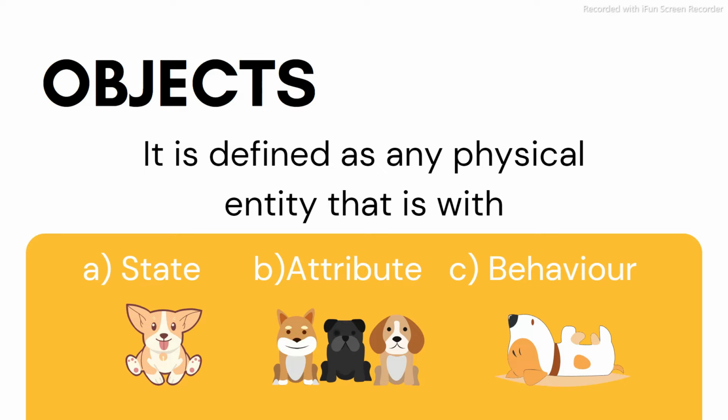And you can take any example. For example, a table is an object that has four legs and a flat surface, and that defines the table. The name table defines the state of the object. Apart from that, the attributes include the four legs and the flat surface, made of might be glass or wood or any kind of material, and that defines the attributes of the table.